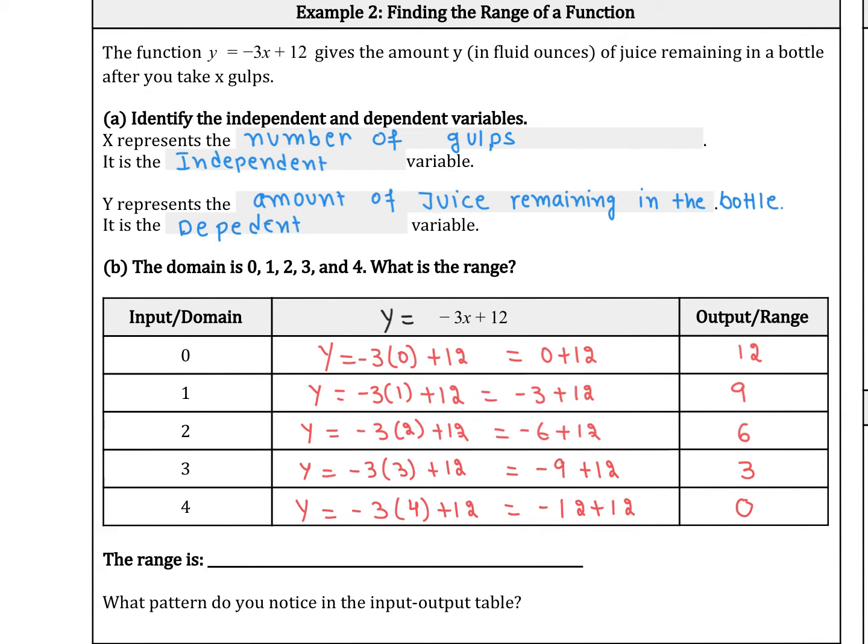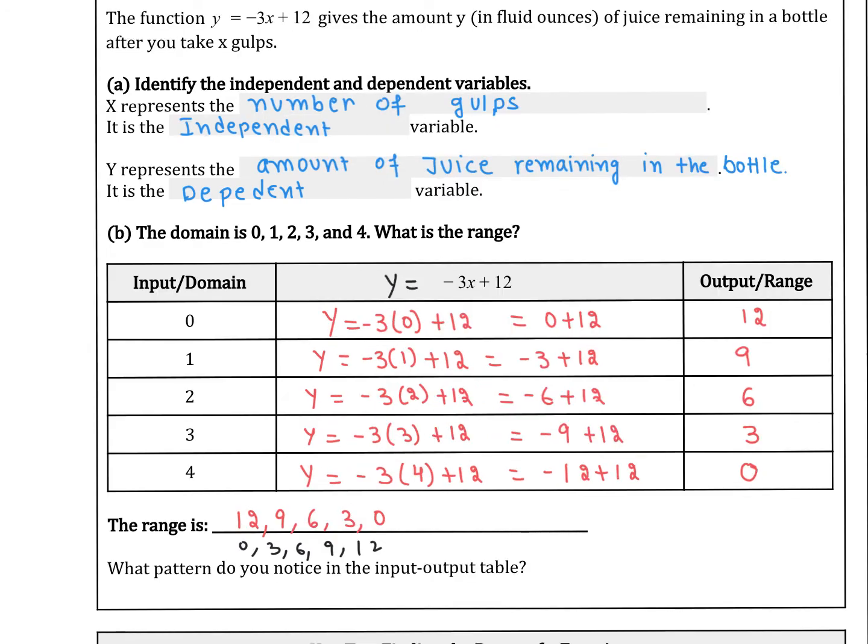So the range values are 12, 9, 6, 3, 0. You can rewrite them in order from least to greatest: 0, 3, 6, 9, 12. So we found the range, or the y values, by plugging in different x values, or domain values.